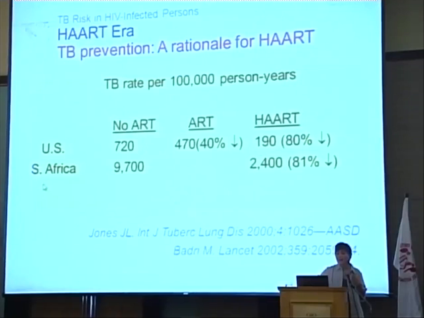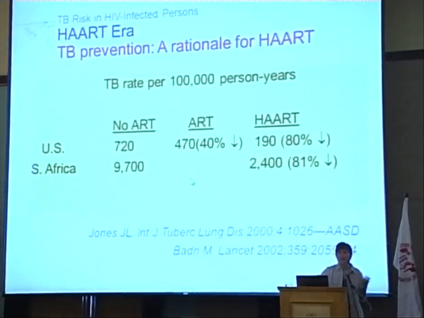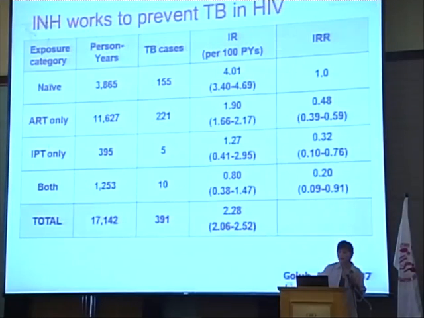Obviously, in South Africa, the rates of TB were not changed by antiretroviral therapy because they didn't have it back then, but they did implement highly active antiretroviral therapy, and you saw the same kind of decline. So HAART is really essential, of course, not only for HIV and other opportunistic infections, or what they call OIs, but for TB as well.